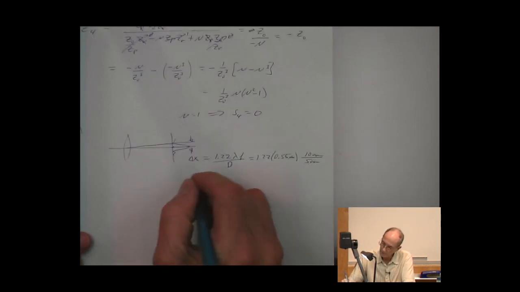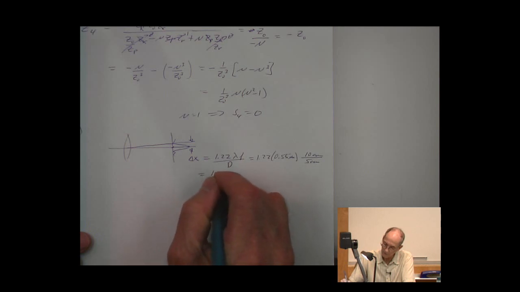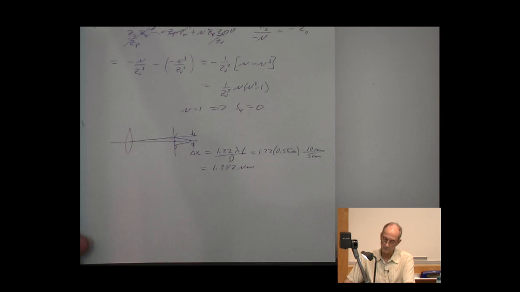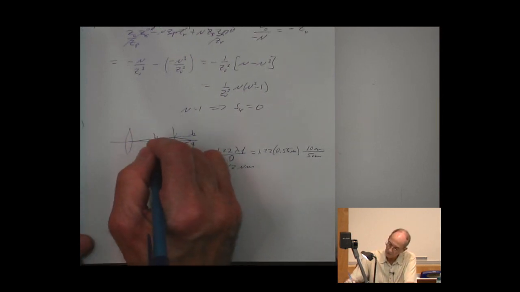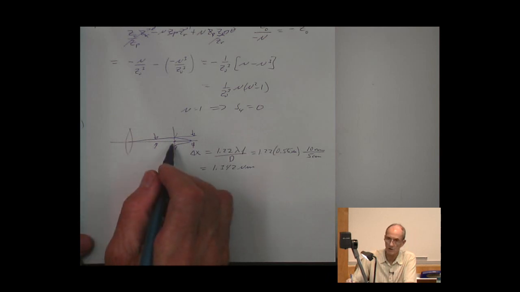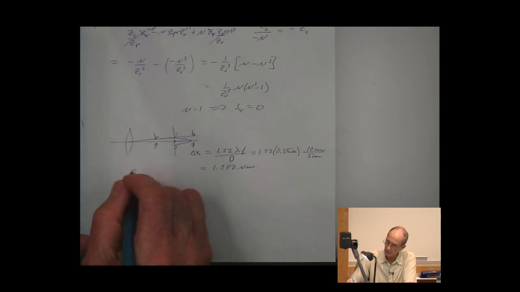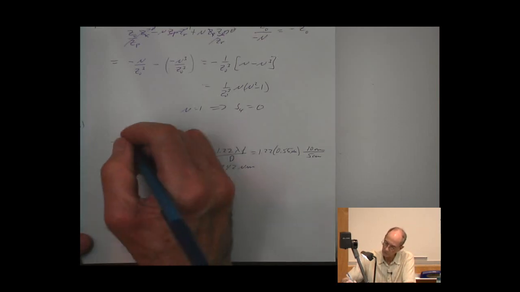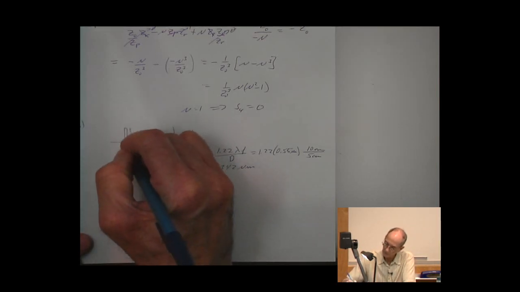And that works out to 1.342 microns. The first diffracted beam is going off at theta 2 equal to 0 degrees with our grating.